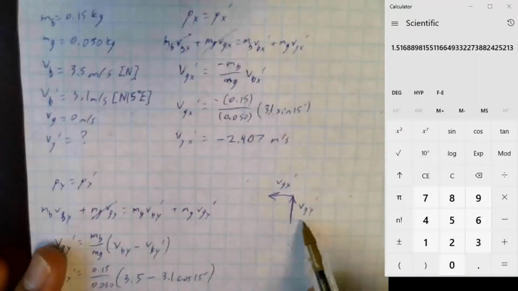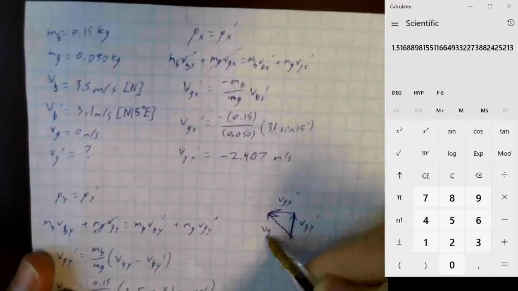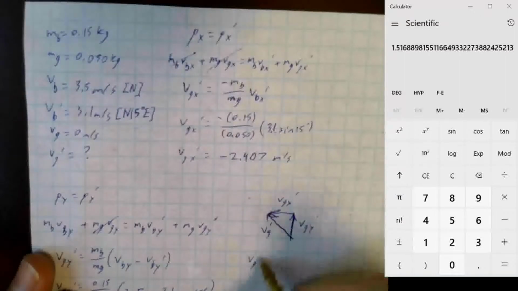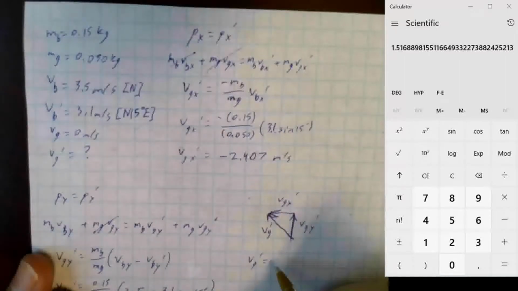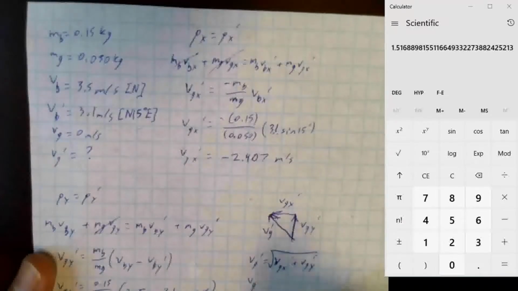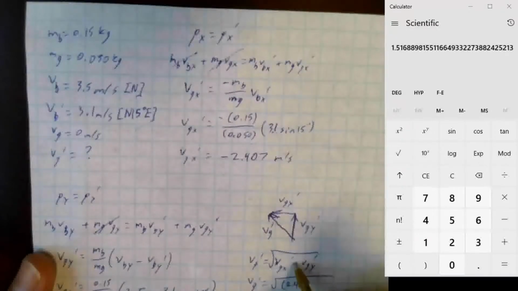So this value and that value, which is down here, I will now use those to find out what my VG prime is, my final VG, which is going to be VG prime equals the square root of VGX prime squared plus VGY prime squared.